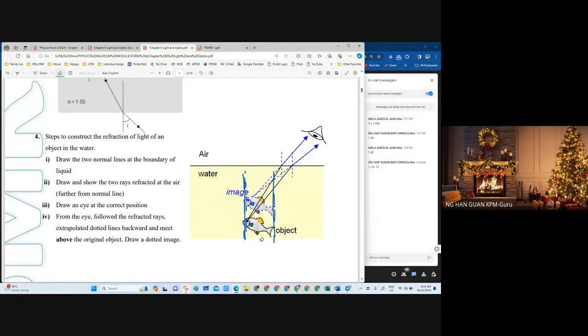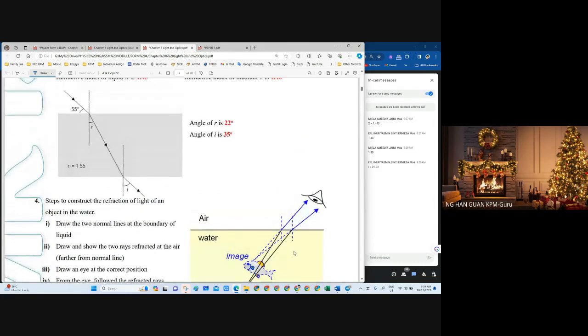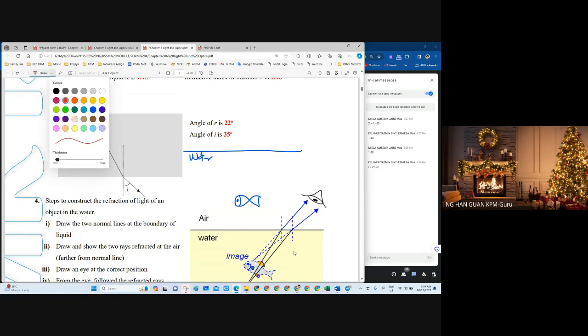So in our drawing, you can make it very simple. Let me show you here. Let's say this is water, and I have a fish here. You make one reference point. Let's say we take the eyes of the fish as a reference point.